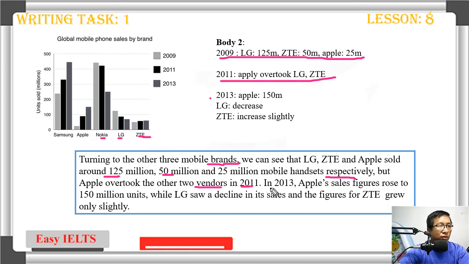So in 2013, Apple's sales figure rose. Instead of talking about number, you use figure. It rose to 150 million, while LG saw a decline. And the figure for ZTE grew only slightly, just very slightly. And this is body 2.